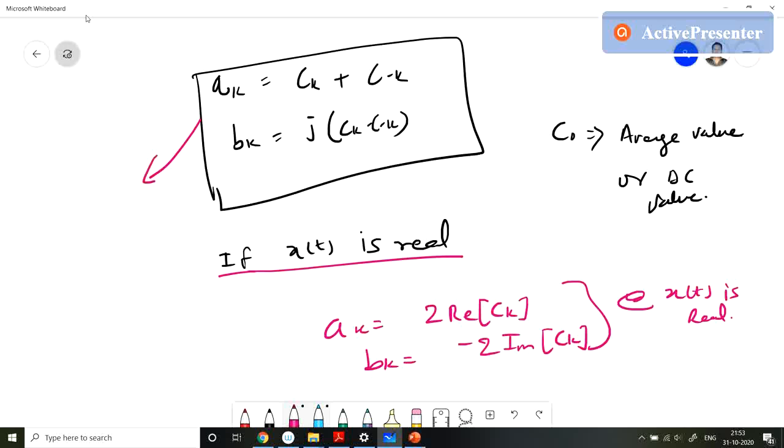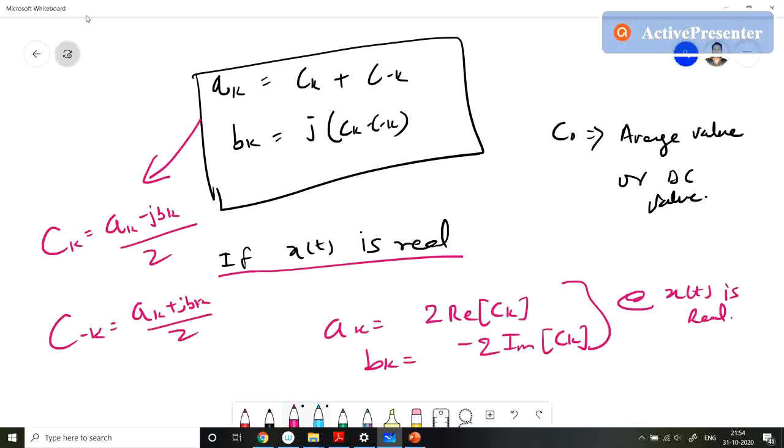And also we can derive the relation between ck and ak and bk. ck = (ak minus j bk) divided by 2. Please check this relation. Similarly, c minus k = (ak plus j bk) divided by 2.